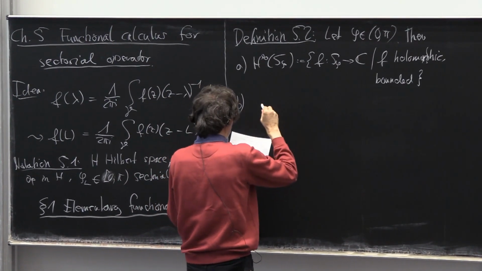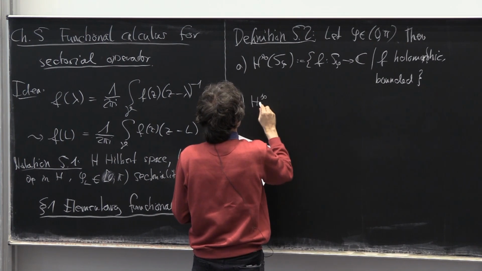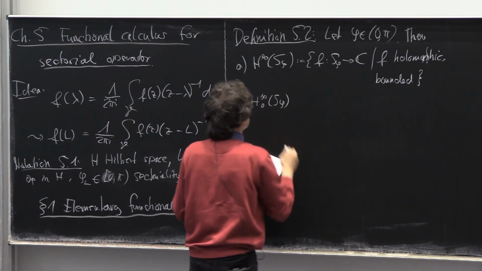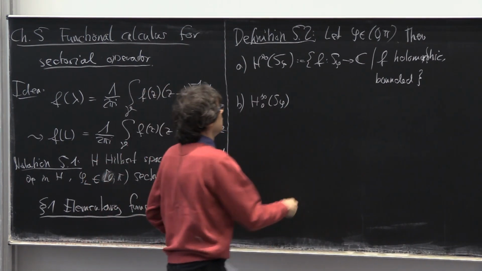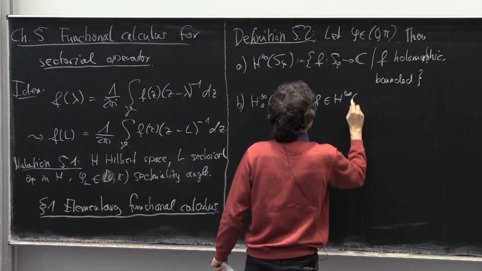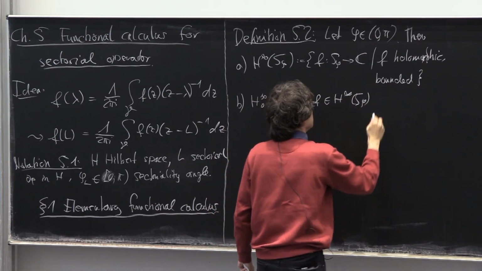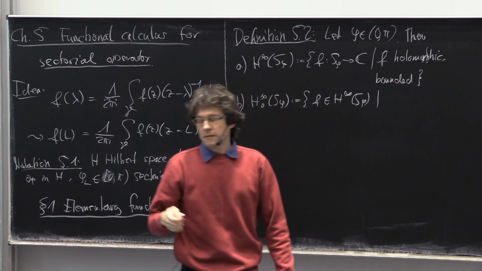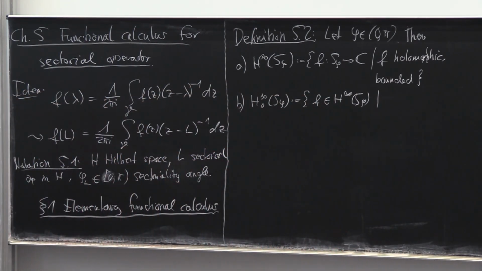Then there is an important subspace of this one, which I will denote by H infinity 0 of S phi. And that is the space of all bounded holomorphic functions on the sector, with the additional feature that they have some decay at 0 and at infinity.